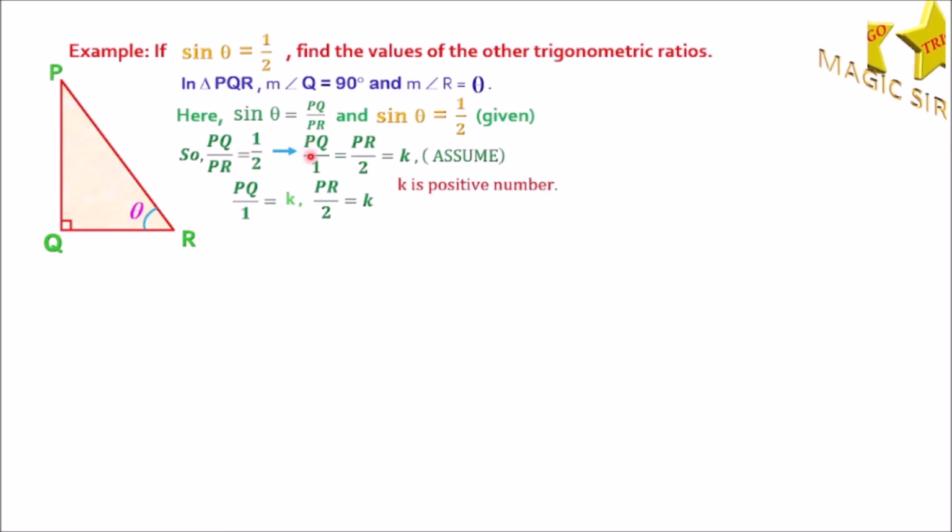Comparing both ratios with K, PQ upon 1 is equal to K and PR upon 2 is equal to K. So we have PQ equal to K and PR is equal to 2K. This is our equation first. We can put PQ equal to K and PR is equal to 2K.